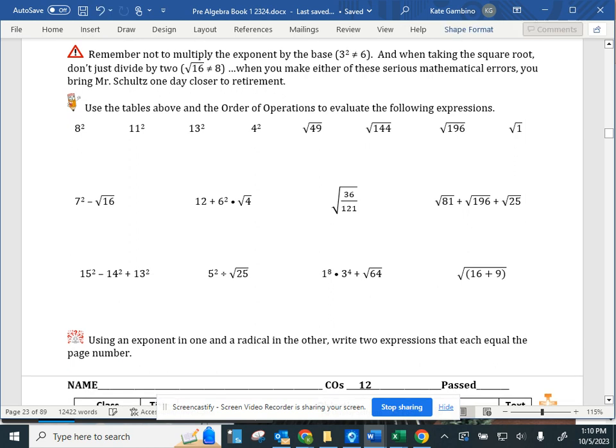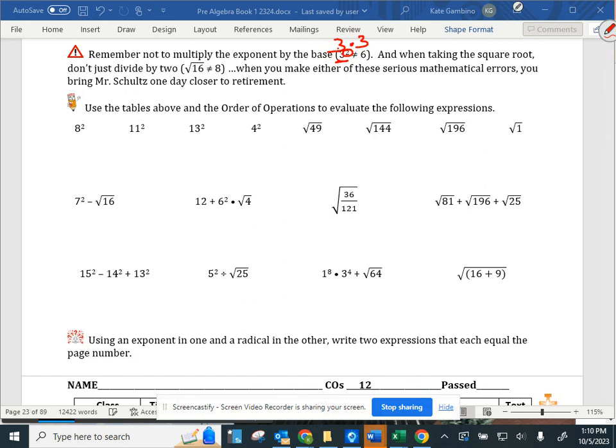Remember not to multiply the exponent by the base. When we have 3 squared, it does not mean 3 times 2. That exponent means how many times we're multiplying that base. So we've got 3 times 3, so that 2 tells me I'm multiplying that 3 2 times. 3 times 3.